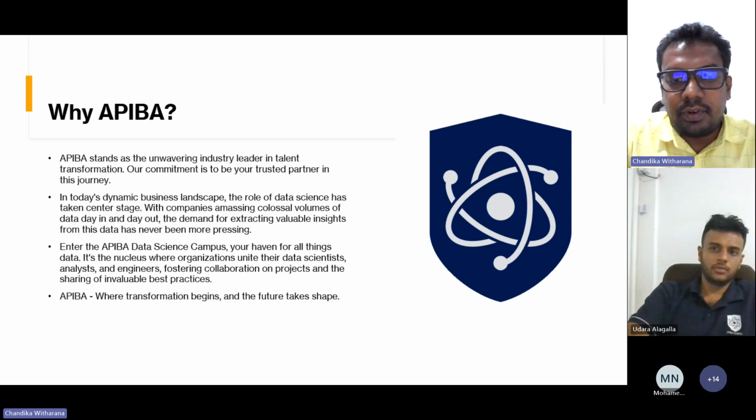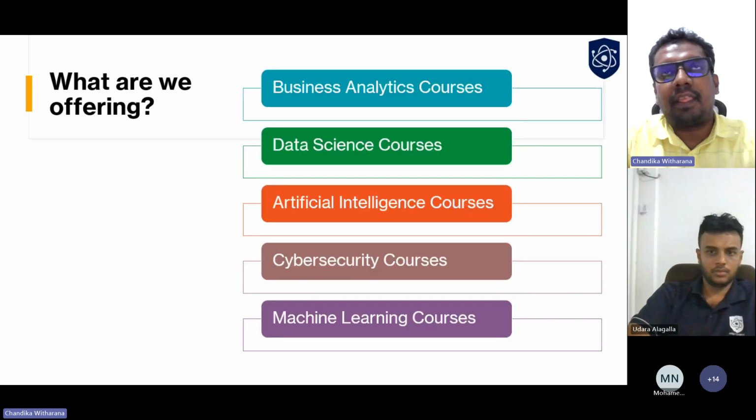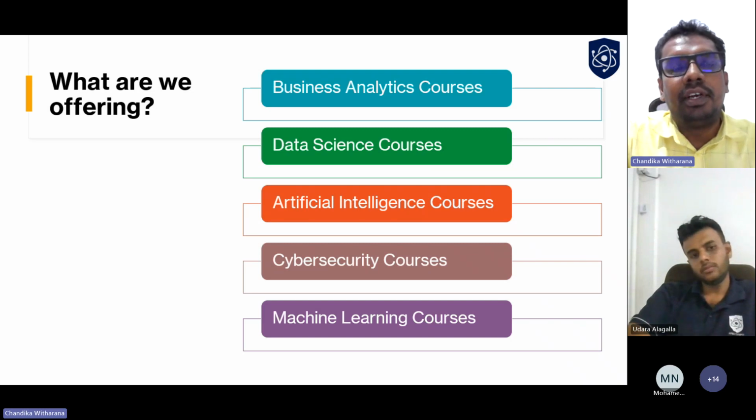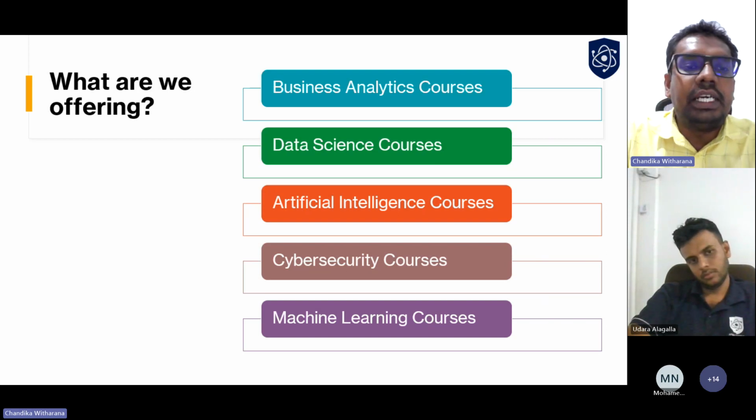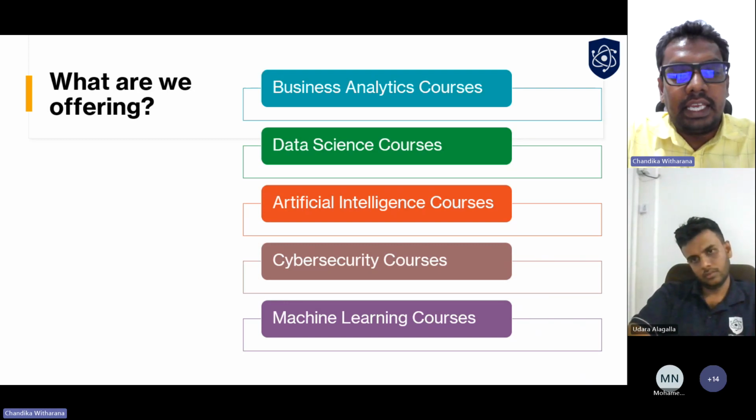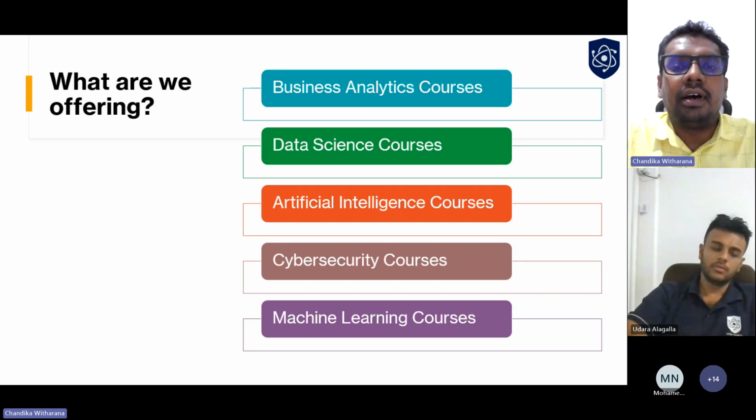Next I should introduce what kind of categories and courses we are offering. As I mentioned earlier, we are conducting only business intelligence courses, data science courses, AI courses, cybersecurity courses and machine learning courses. We are not providing other information technology courses or management courses. We are specialized in this.